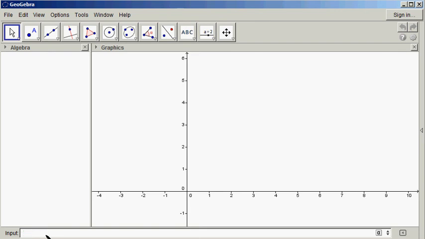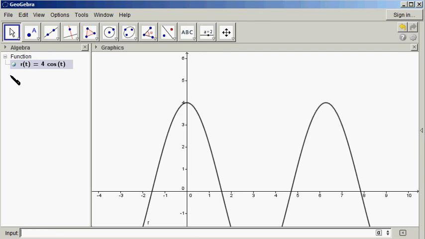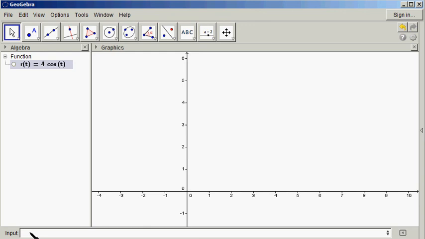Then hit enter. We don't need to see this, so I'm going to hide it. Then we want the curve, and the only way I know is to use the parametric equation. So we say curve, then x is going to be r times cosine of theta.